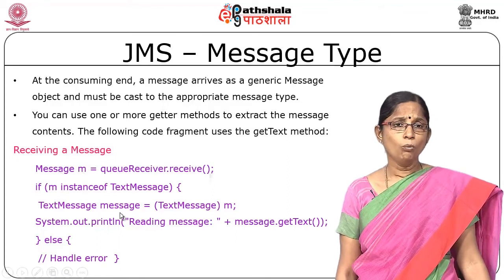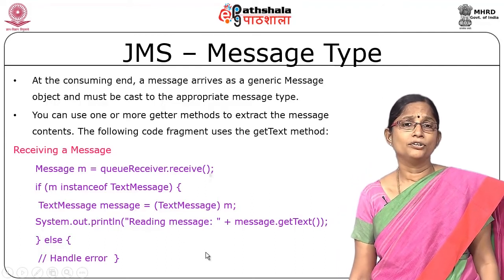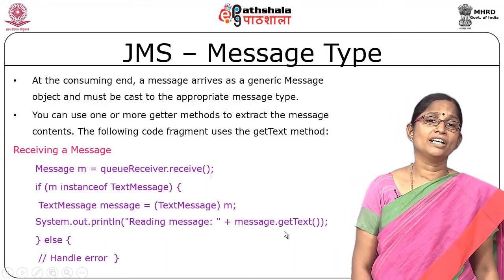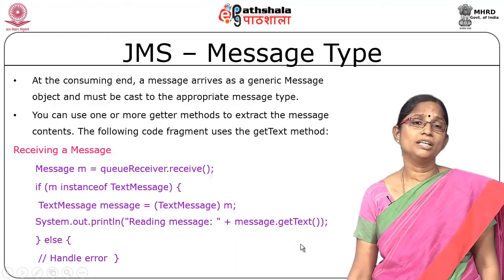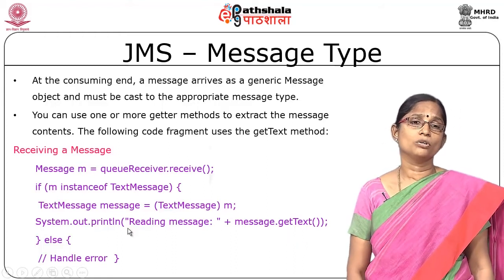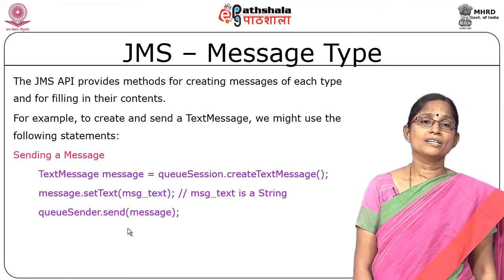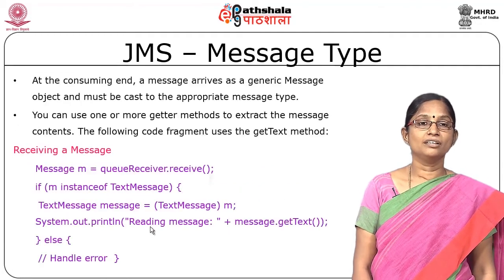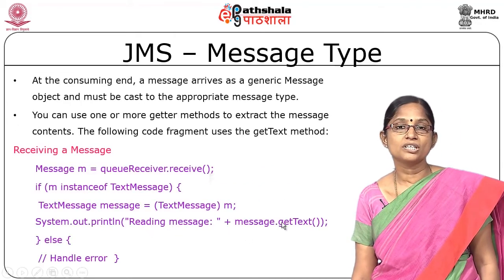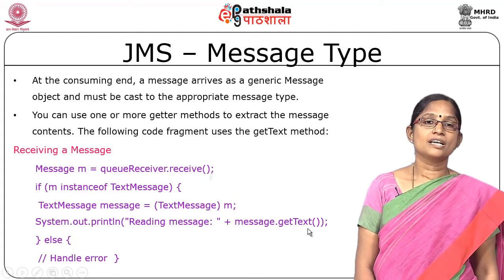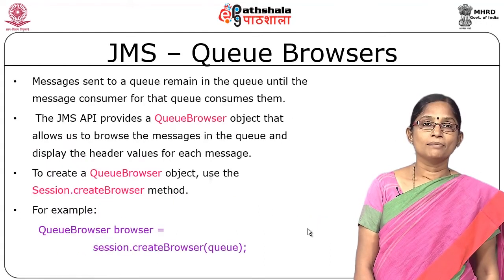So, once the text message is obtained, using the getText method, we can retrieve the message and it can be displayed using the System.out.println method. Here we can send the message using the setText method. Here we are going to receive the message using the getText method. So, this is an example for receiving a message.